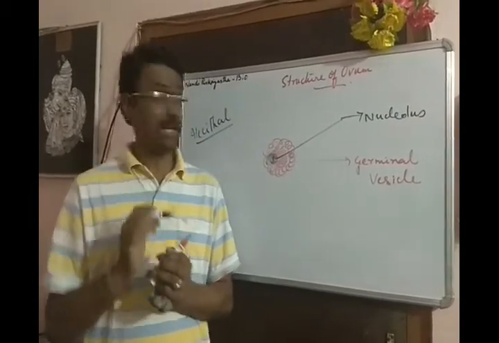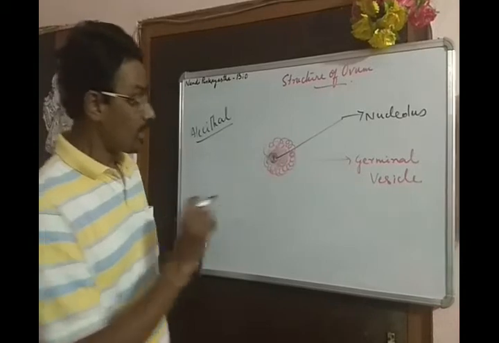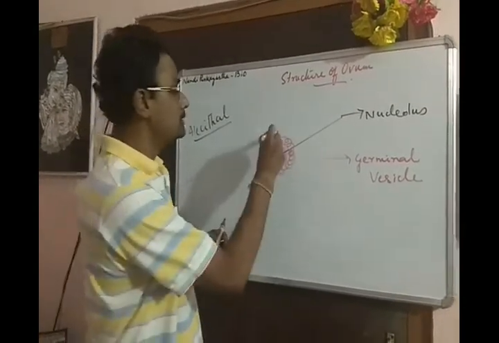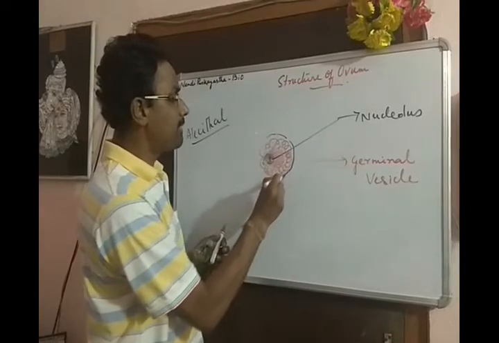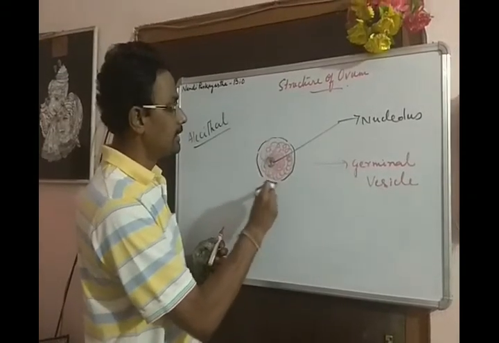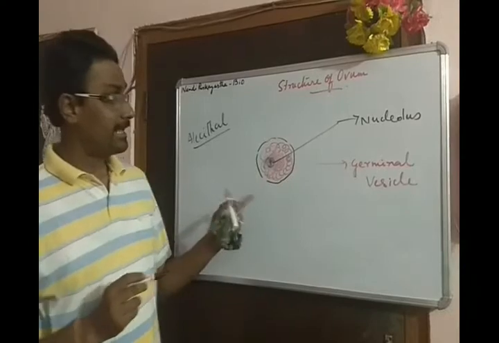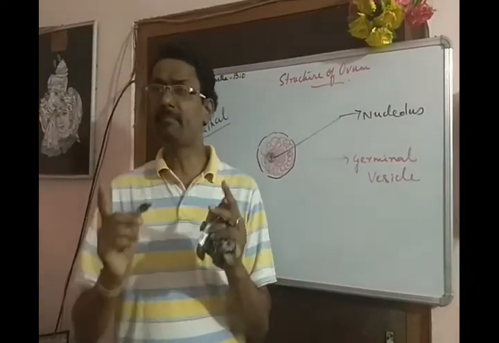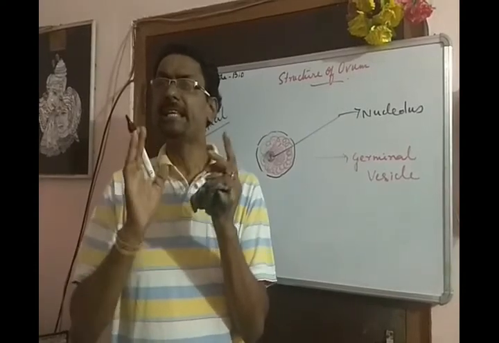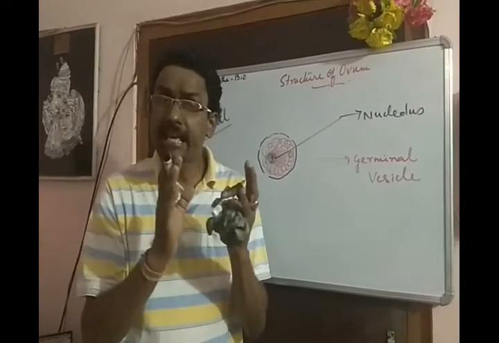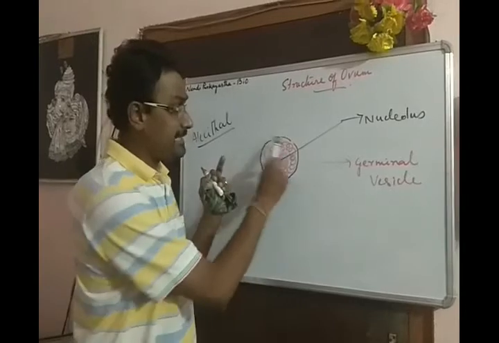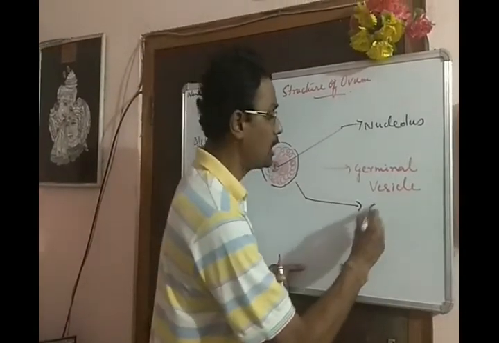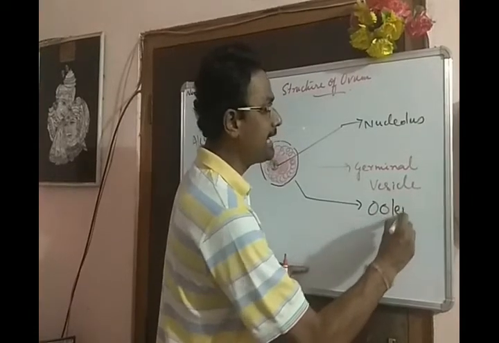Then we are finding another thing, you see. This one is externally covered by a plasma membrane. The plasma membrane in case of the egg is called oolemma, O-O-L-E-M-A.